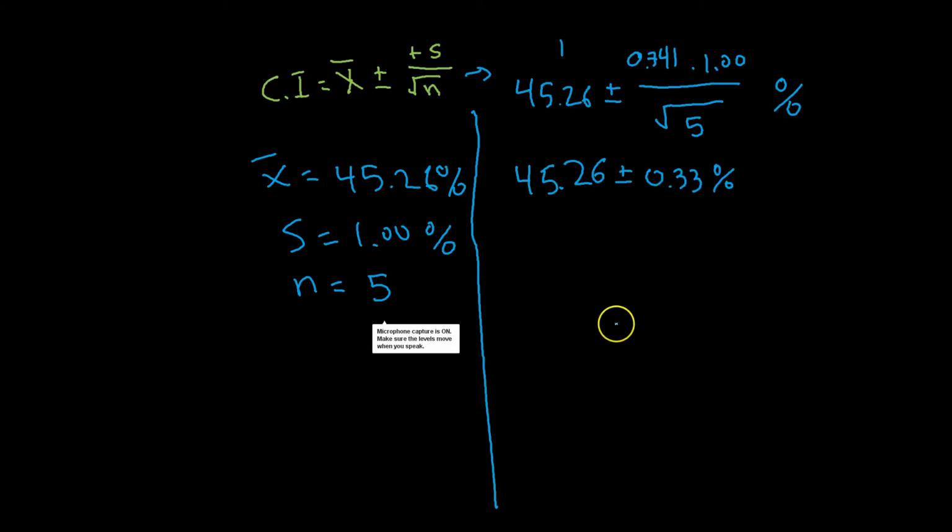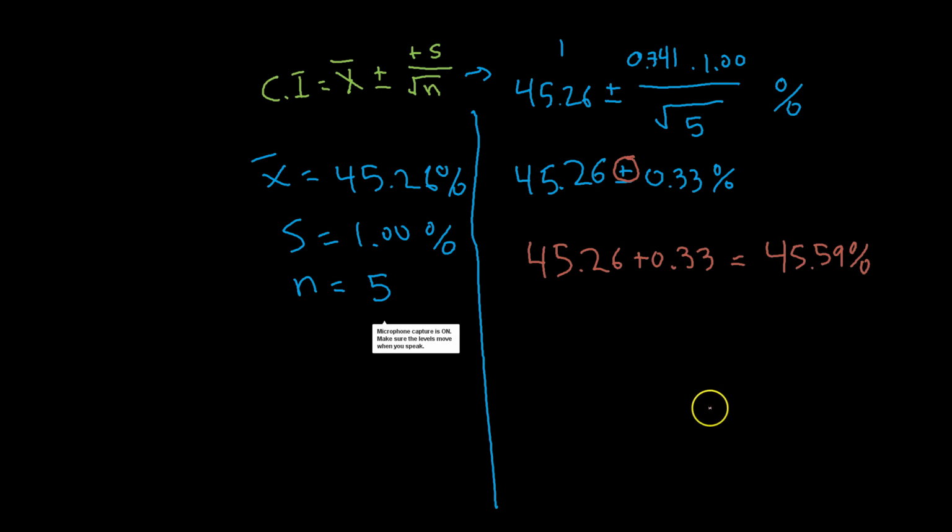All right, and so what we want to find is the highest value, and the highest value is just the plus. So we find 45.26 plus 0.33 is 45.59%. I gave a little leeway in the values of this, but if you got this answer correctly, that's what you need to do to get full credit.